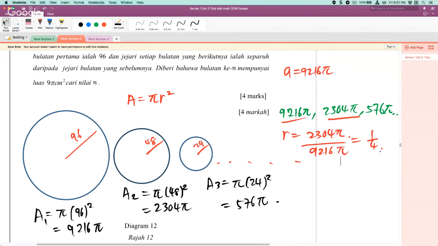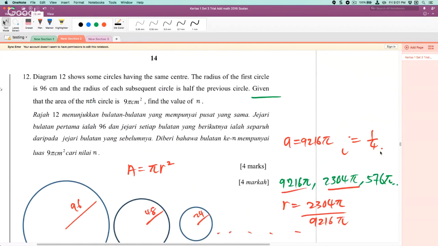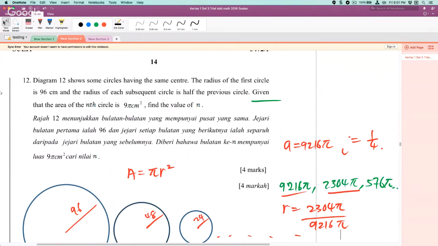If R equals 1/4, now you can find Tn. My A is 9216 pi. And then Tn equals A plus (n minus 1)d, where n is the unknown here. What am I doing?